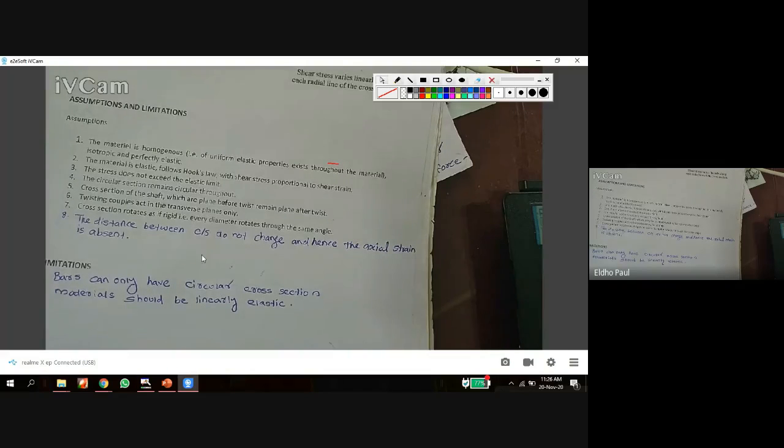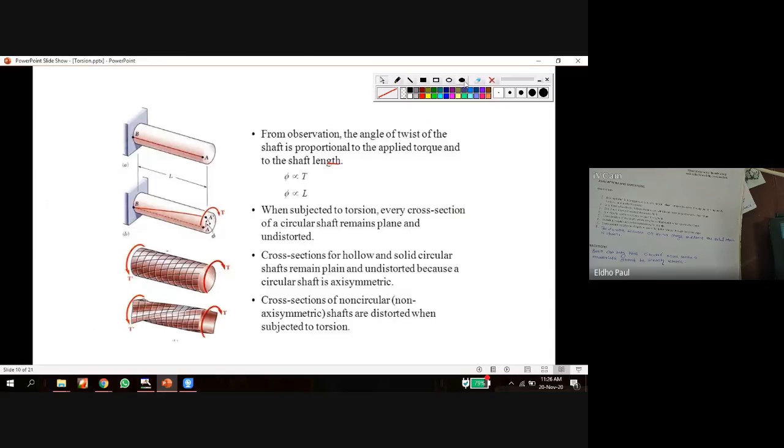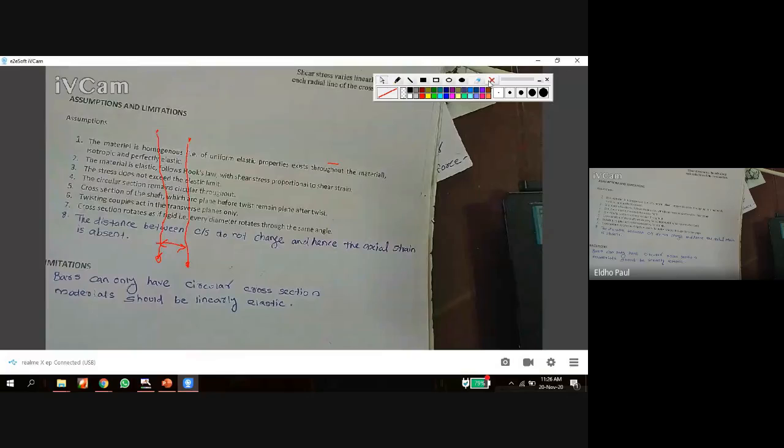That means, for example, if the distance between these two points is 5 centimeter before rotation, then after rotation the distance between the same two points will also be 5 centimeter. Before and after rotation there is no change in the distance between the two points. That is another assumption we use while deriving the torsion equation.